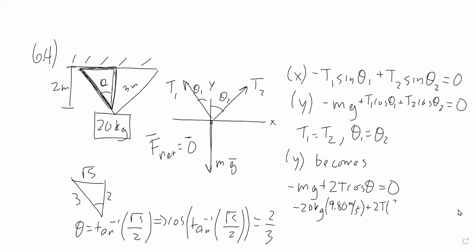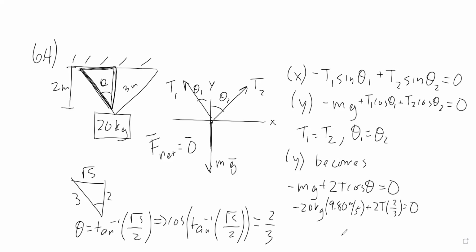Plus 2t times 2/3. And that all equals 0. So we could solve it algebraically, or we could just plug in all the numbers. You get about 150.